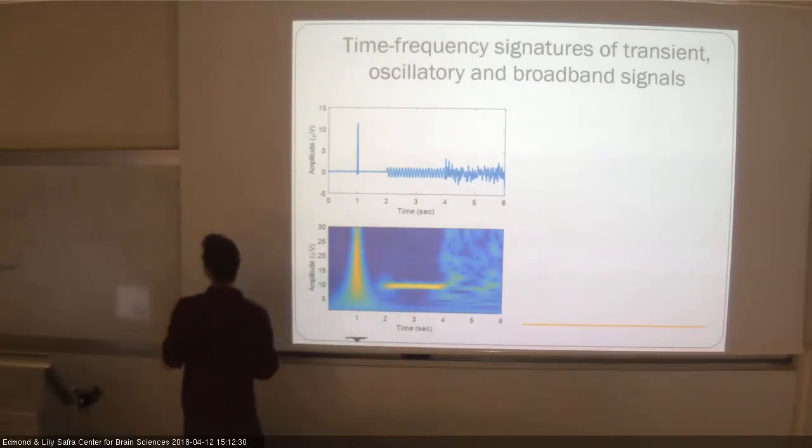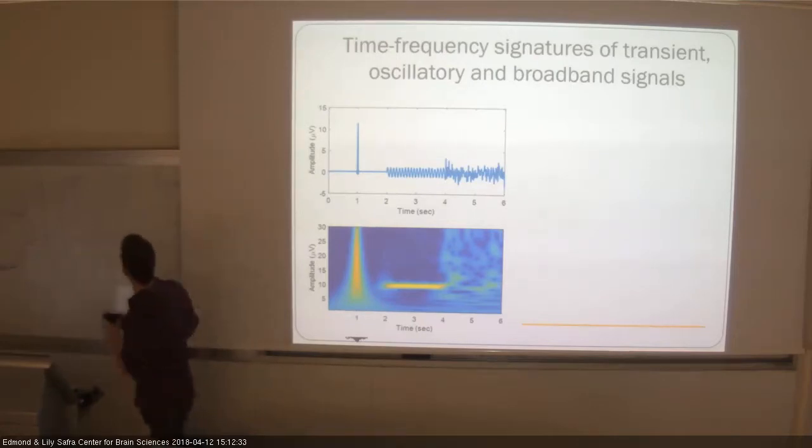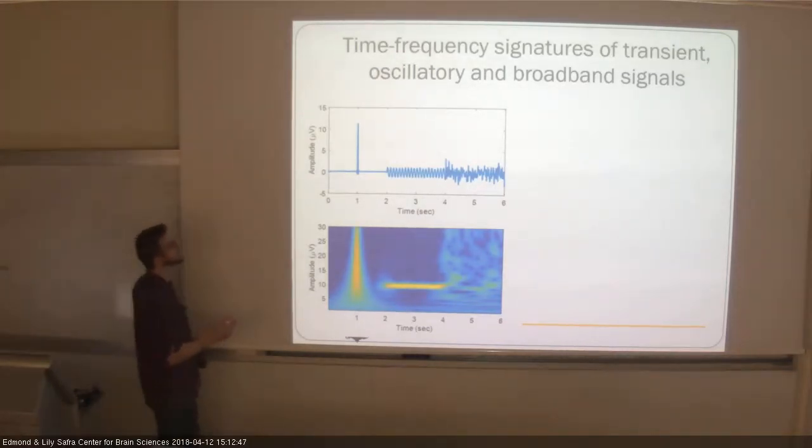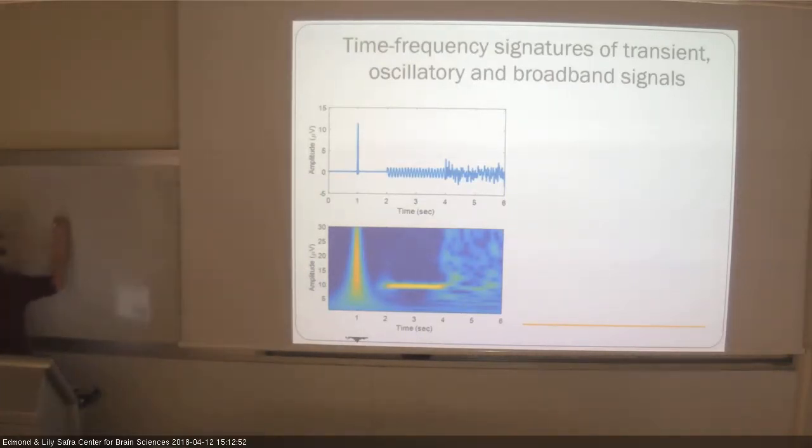So basically, if you want to construct this shape, you start with the lowest frequency component. Okay, I'm going to draw it here. So this is your spike.